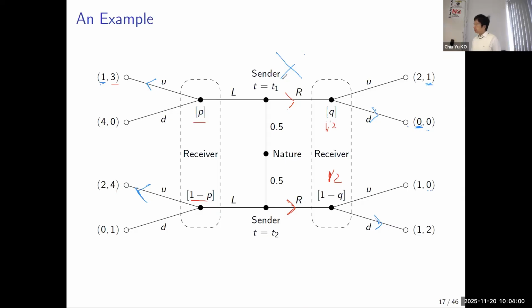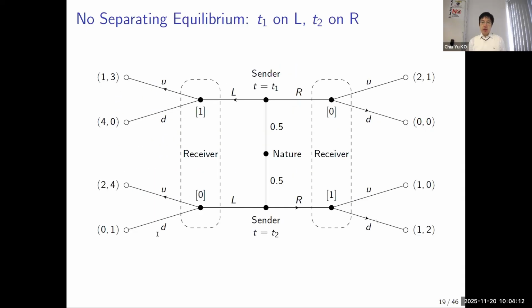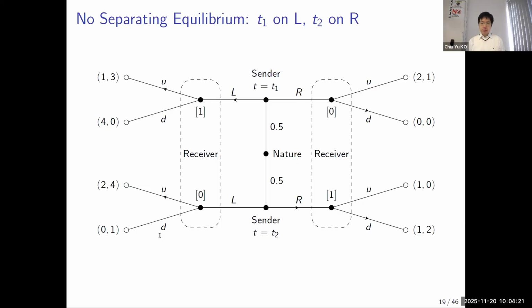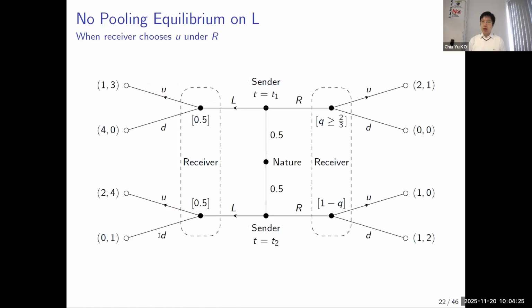So now we know 4 possible candidates, only 2 survive. Okay, there is 1 separating and 1 pooling. Of course, this graph is already drawn here, so you can check my slides, how I do this, right?